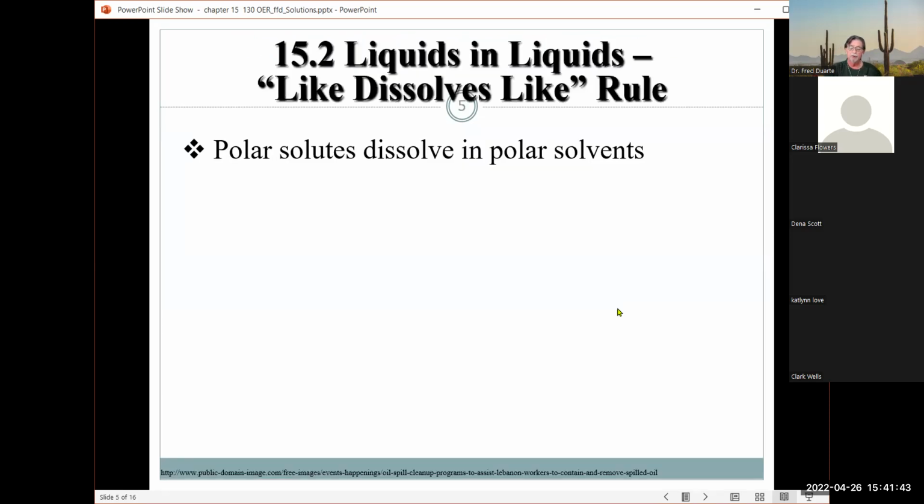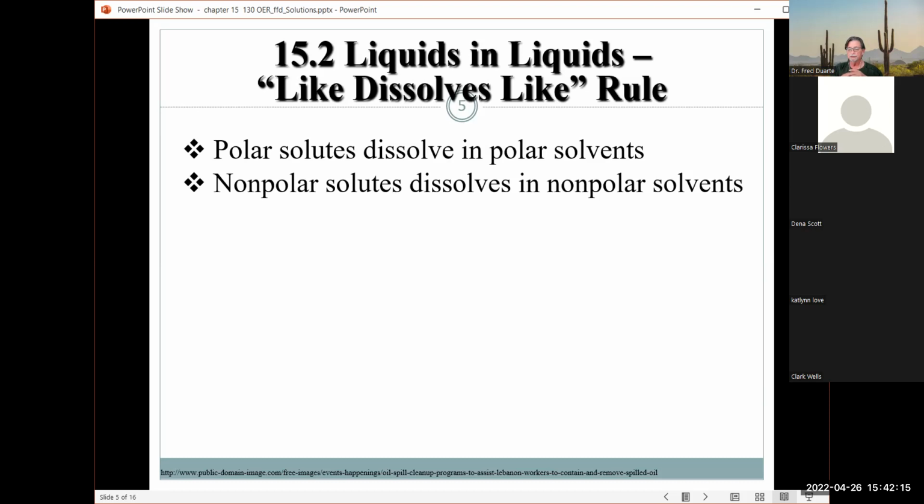All right, now, we mentioned this before, it's related to polarity, okay? The rule is like dissolves like, meaning that polar solutes will dissolve in polar solvents. Yes, there are degrees of solubility, but as a general guideline, if I have a polar solute, I will need a polar solvent to make a solution out of it.